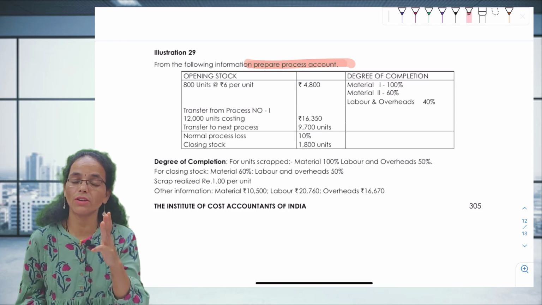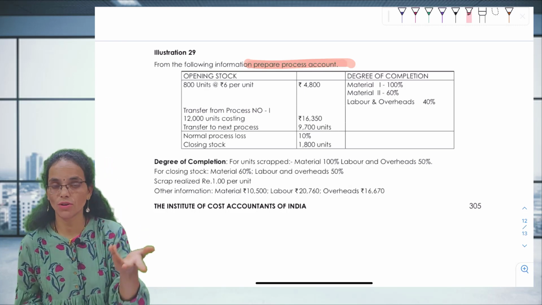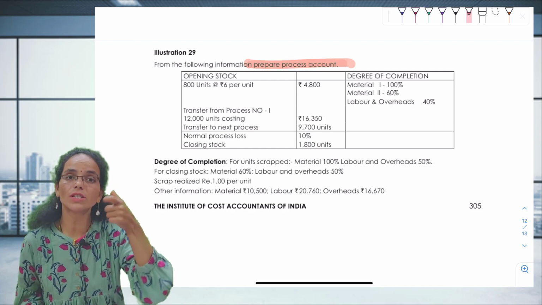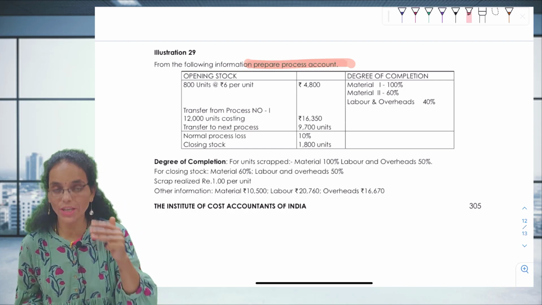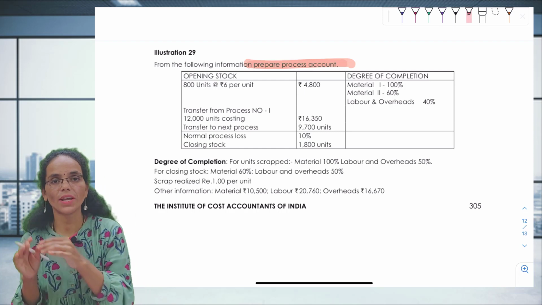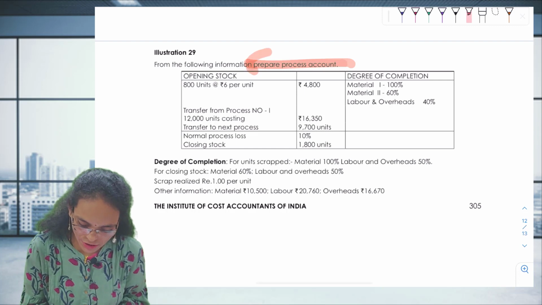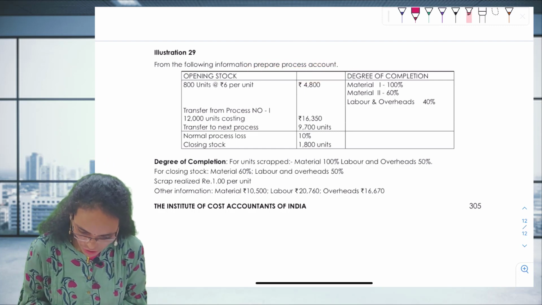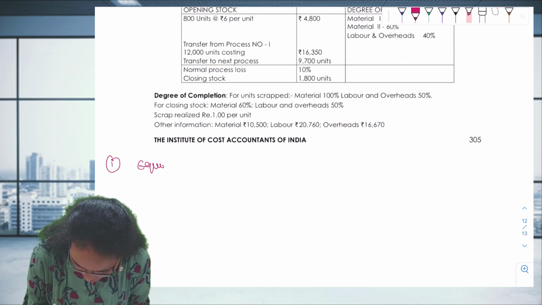How many equivalent units do we have in the closing stock? For that, what is the cost? To know the cost, we need the cost per unit for the material, labor and overheads. So we have these many hidden bits before solving this main problem. Right? First, you prepare equivalent production.